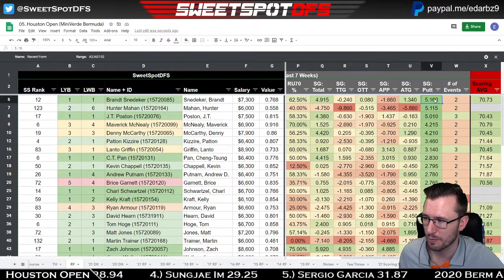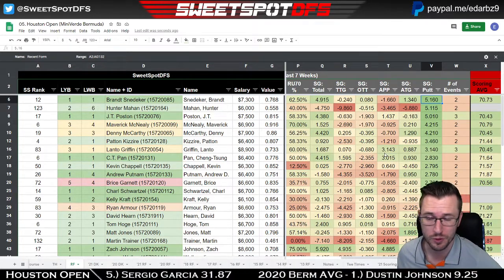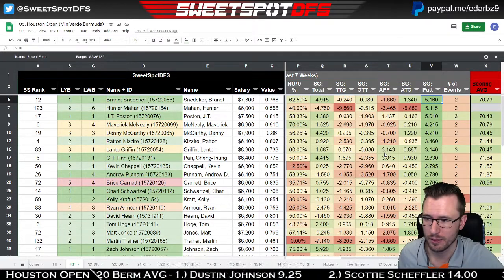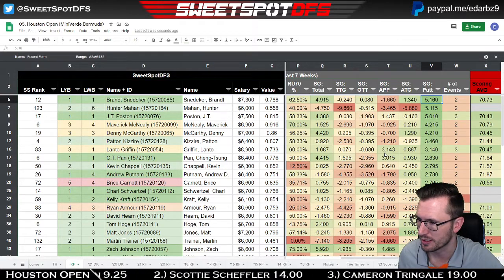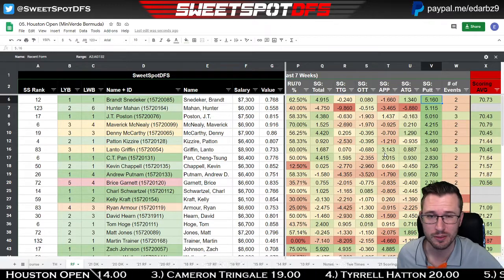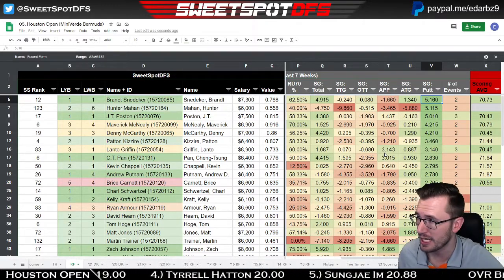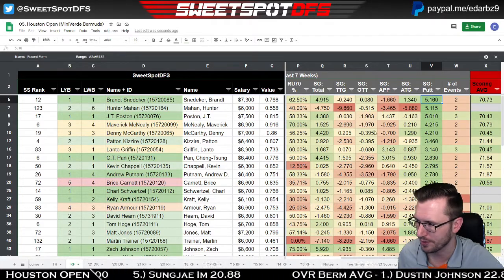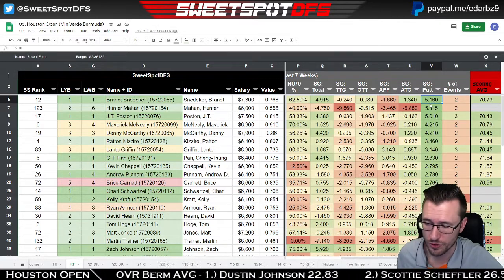It looks like Brandt Snedeker over 2 events has 5.16 strokes gained putting. That number will go down, but for his last 2 events, it's at 5.16. And I don't think that's adjusted for strength of field. I don't know if that's how the PGA does it, but I certainly don't have it done that way. These are just the raw strokes gained putting stats.